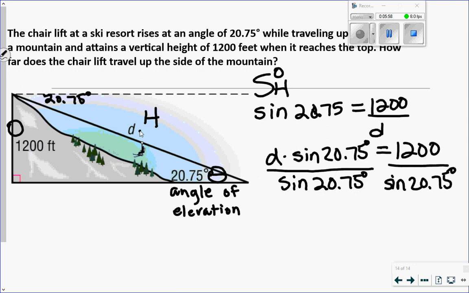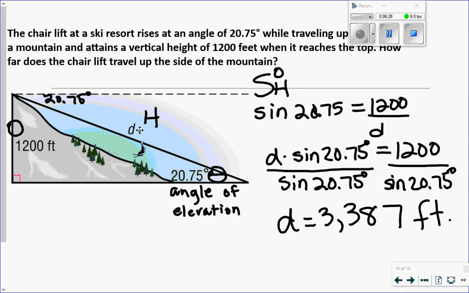And if I tap that out into my calculator, 1200 divided by sine 20.75, I get approximately 3,387 feet. That's my hypotenuse. So that works. That's the longest side.